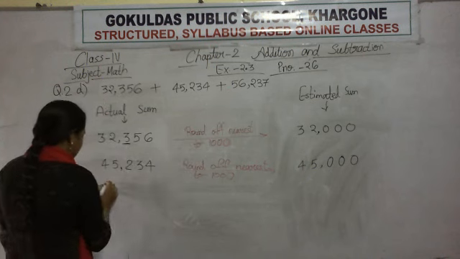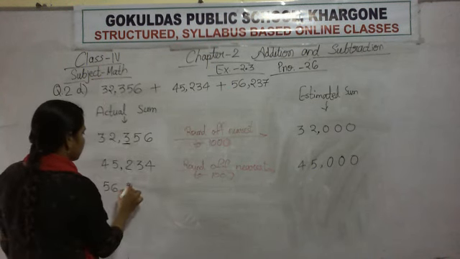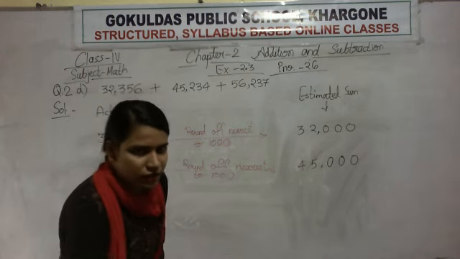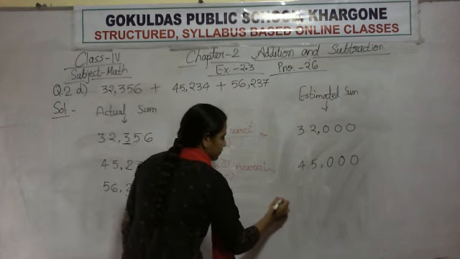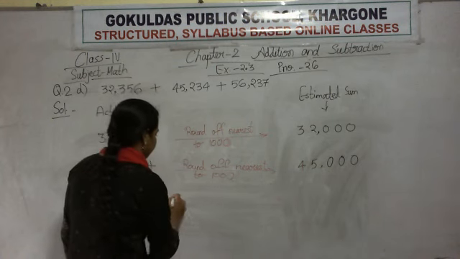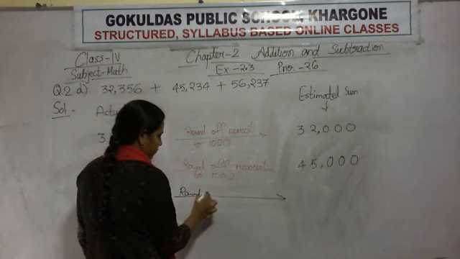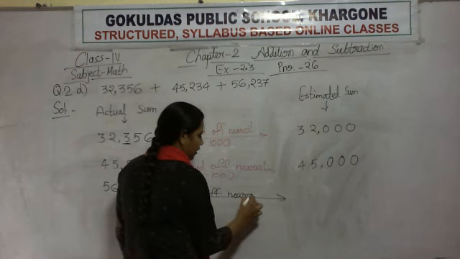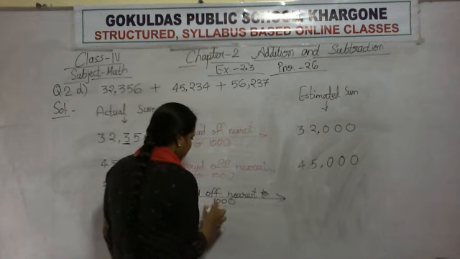Now your last number is 56,237. Now round off this number to nearest 1,000.